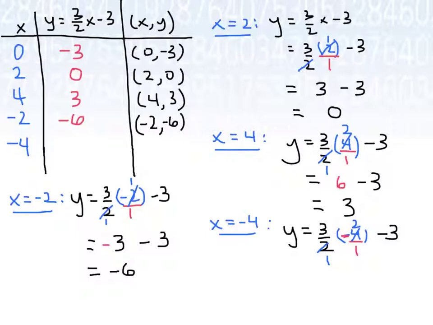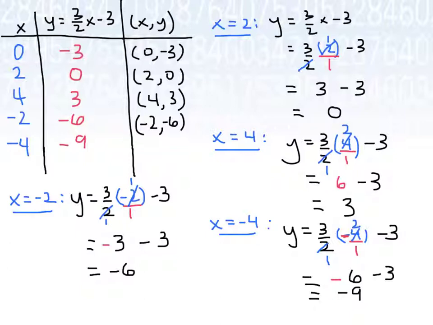And we have to be very careful because we still have a negative integer right here. So 3 times negative 2 is negative 6, and we're still subtracting off 3. So negative 6 minus 3 is negative 9. So when x equals negative 4, y equals negative 9.